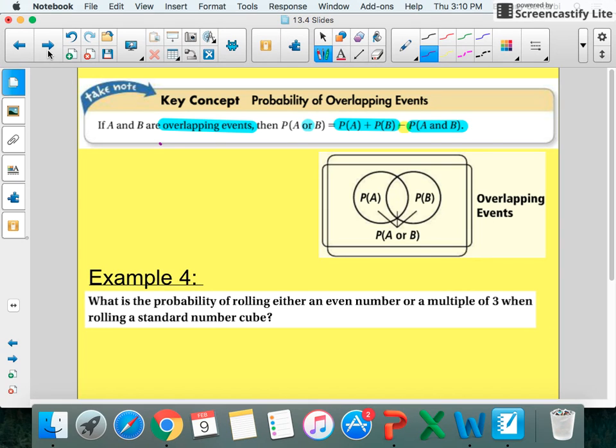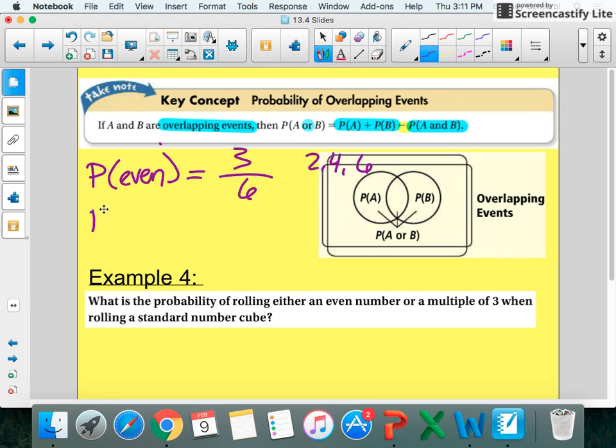So we first want to figure out the probability of rolling an even number. So if we have a cube, there are 6 different sides on the cube. And so for even numbers, we've got a 2, a 4, and a 6. So I've got a 3 out of 6 chance that I can roll an even number.